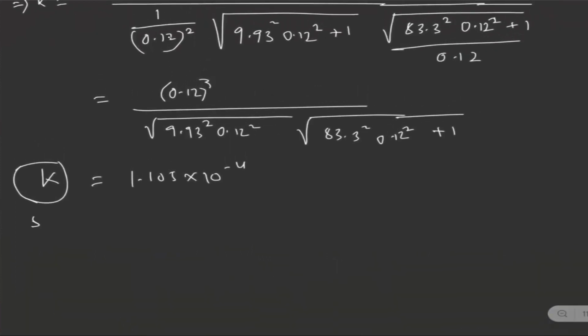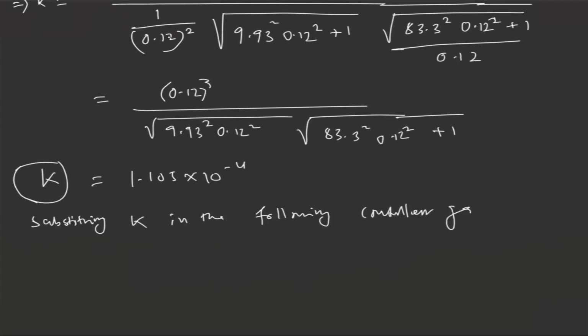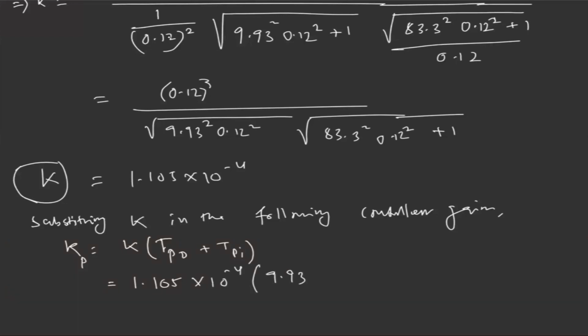Now substituting K in the following controller gains, we find K_P equal to K into (T_PD plus T_PI), which is 1.105 into 10 to the power minus 4 times (9.93 plus 83.3).